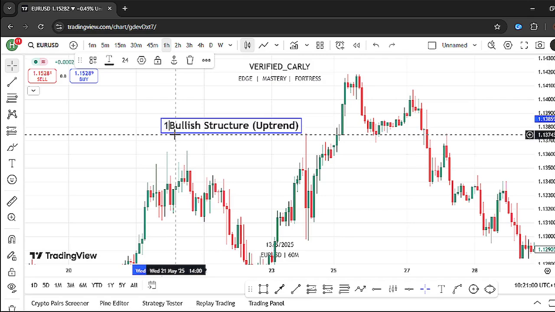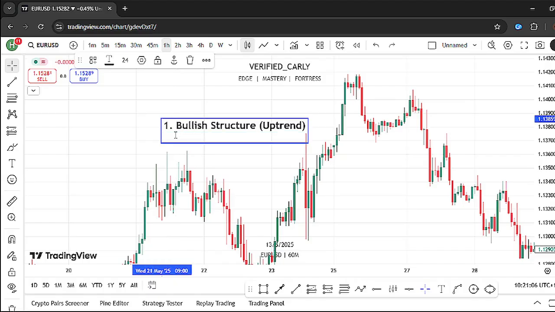You should pay close attention, guys. The bullish structure, which is also known as an uptrend, and secondly, we have the bearish structure, also known as what? Downtrend.